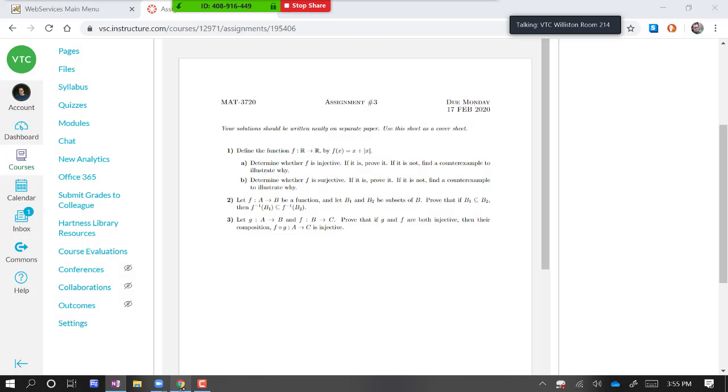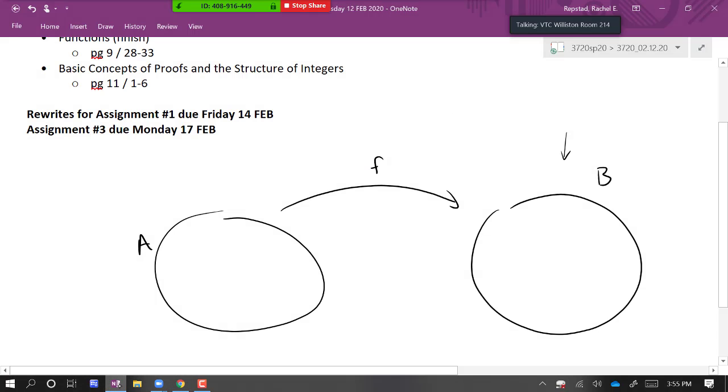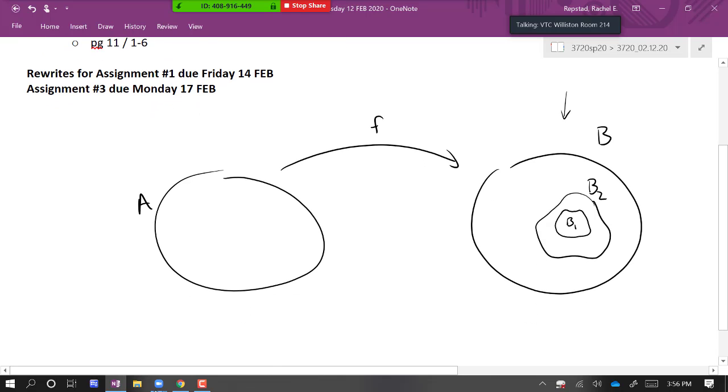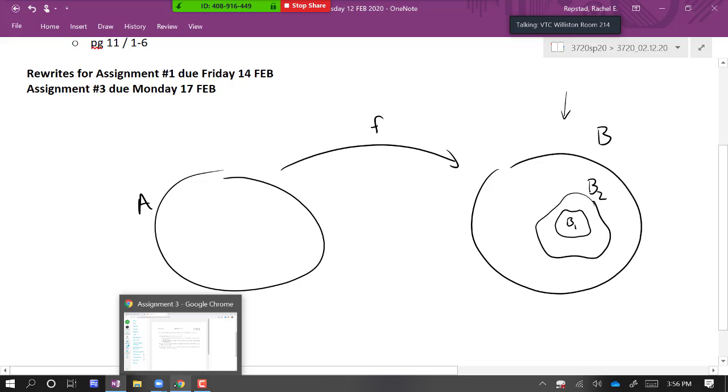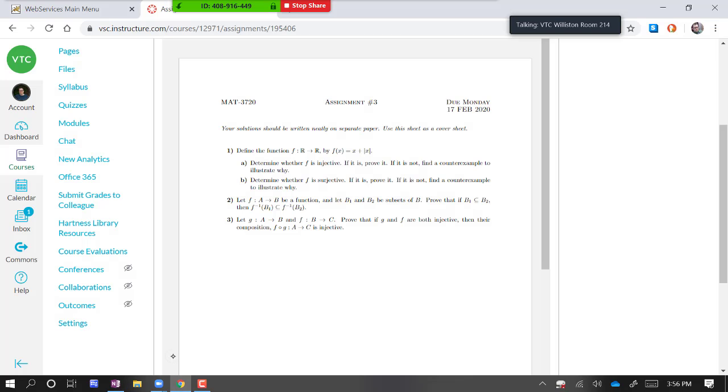And what we want to do is prove that if B1 is contained in B2, so in this little diagram, let's say this is my B1 set, that if that is contained in this B2 set, then the preimage of B1 is contained in the preimage of B2.